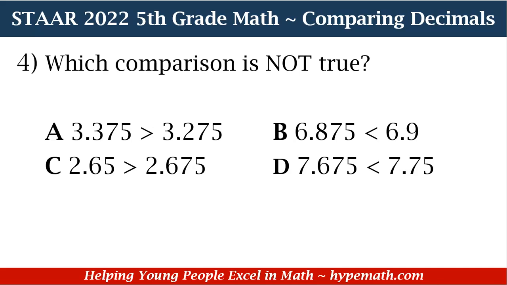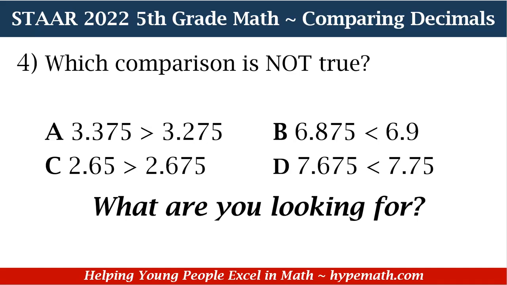Or B, 6 and 875 thousandths is less than 6 and 9/10? C, 2 and 65 hundredths is greater than 2 and 675 thousandths? Or D, 7 and 675 thousandths is less than 7 and 75 hundredths?